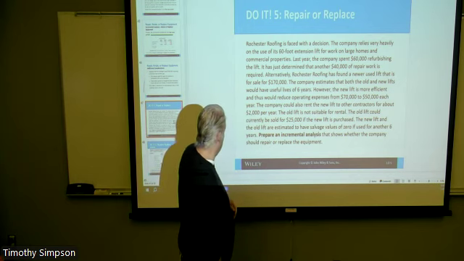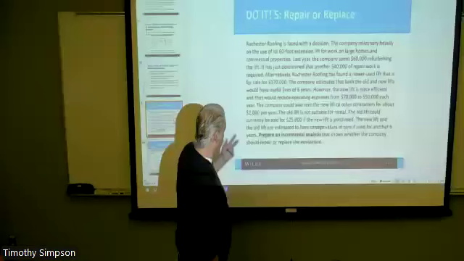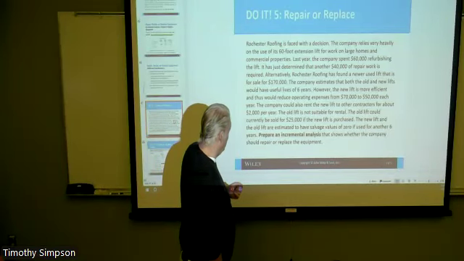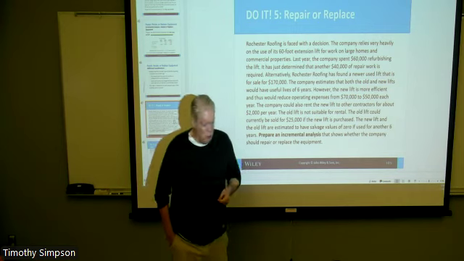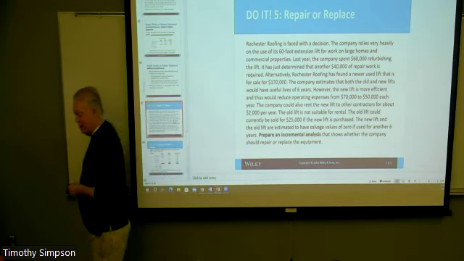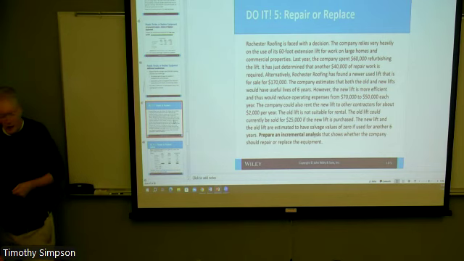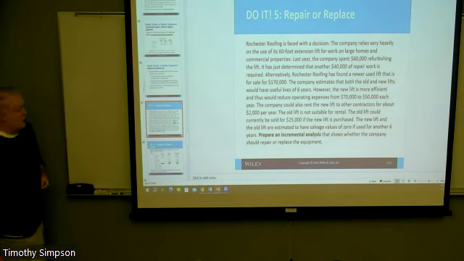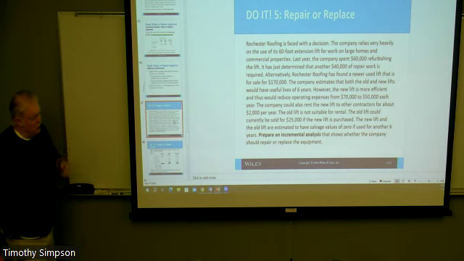Okay, so we've talked about this before, but what we need to really drill down into is the idea of what is the benefit versus what is the cost. This is a really important idea in managerial accounting. Remember, managerial accounting goes to this idea of how do we make good management decisions based upon accounting data.